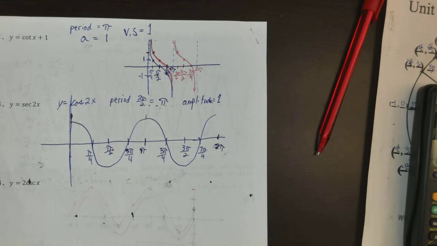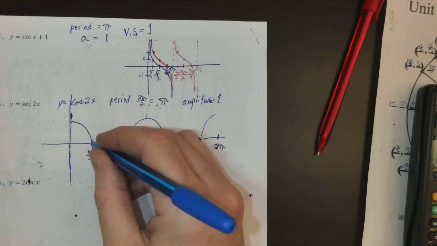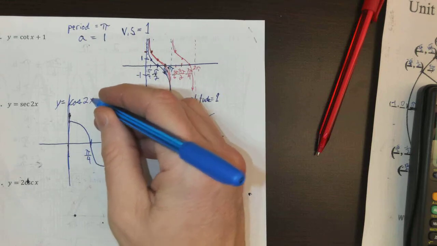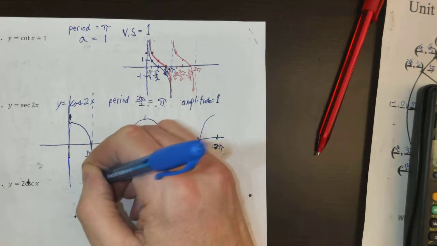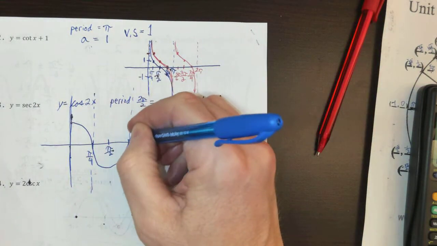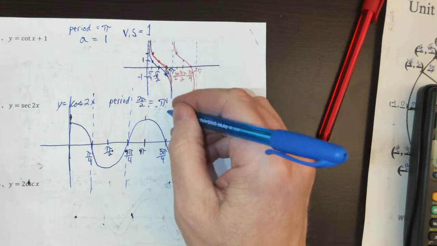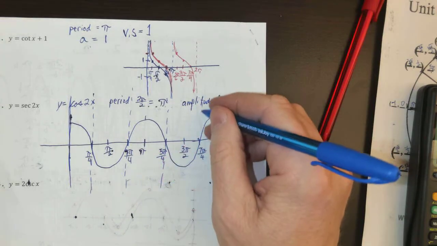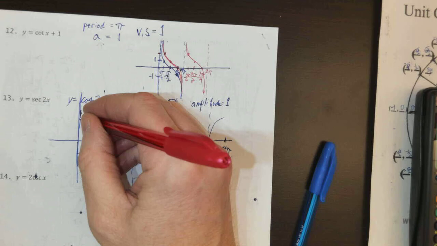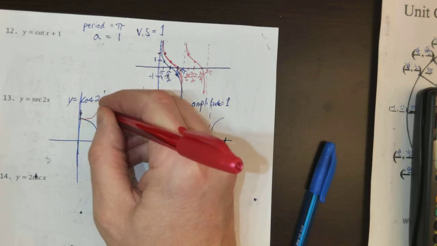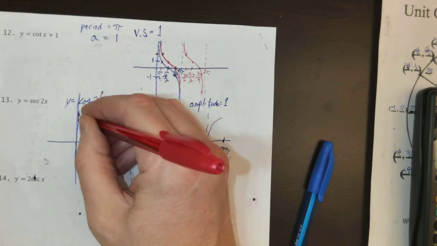So we're good there. Now for secant, you cannot divide by 0. So I am going to put an asymptote every time it hits the x-axis. I'm putting an asymptote in here. And now we come up here and we get close to the asymptote.